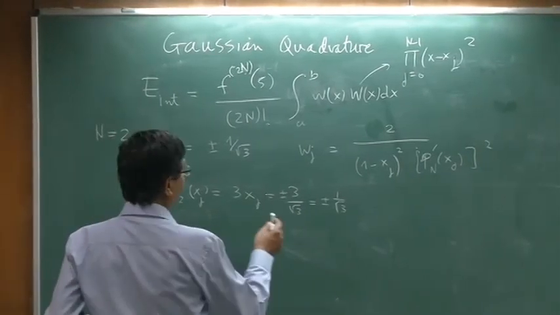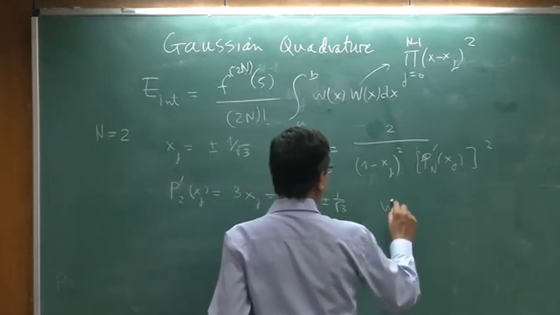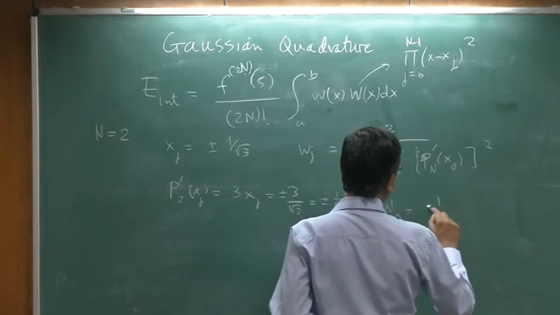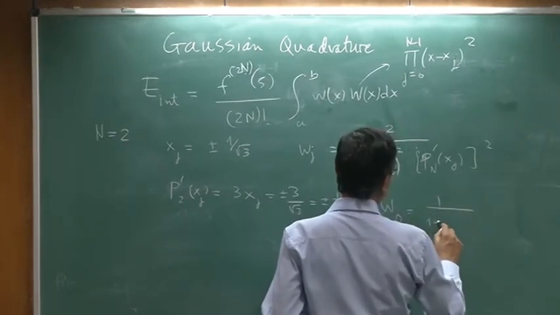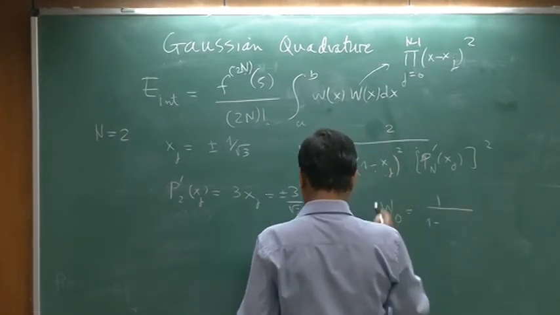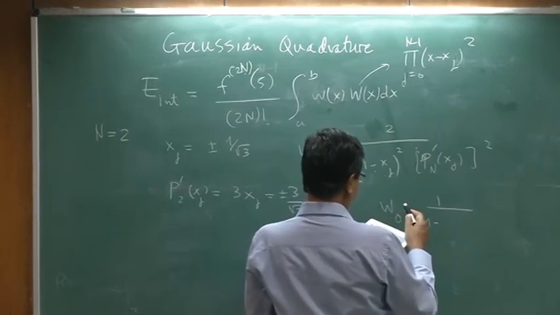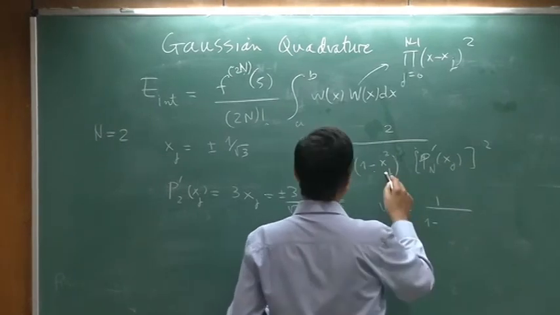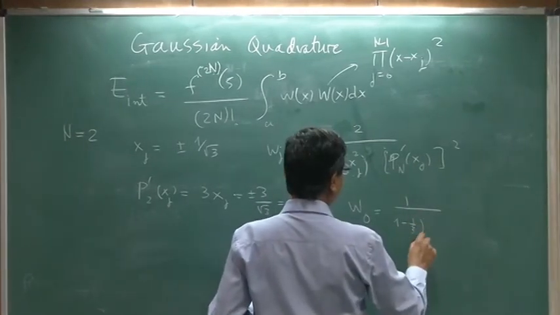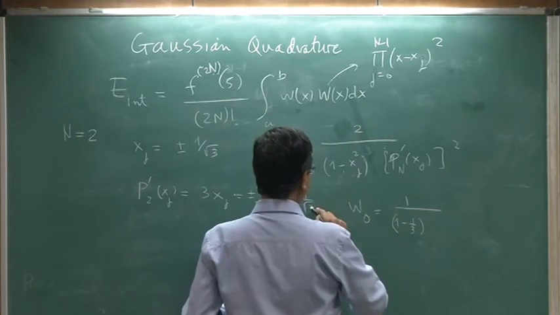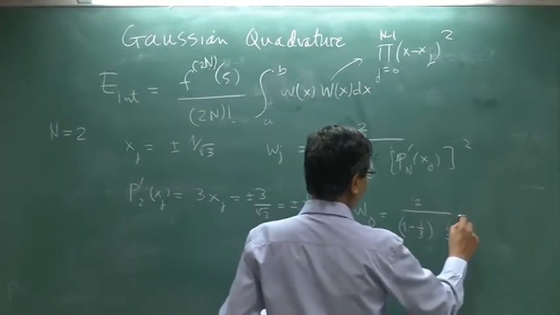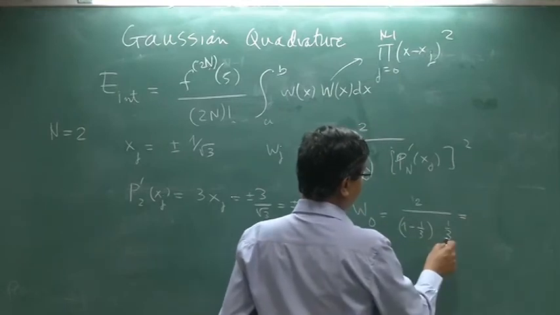So what are the w's corresponding to this? In fact both are, let us say w0, 1 minus xj, did I make a mistake? The square is inside. So 1 minus the square of this will be 1/3, derivative square, this is 1/3 and 2, so this is 2 by 3.